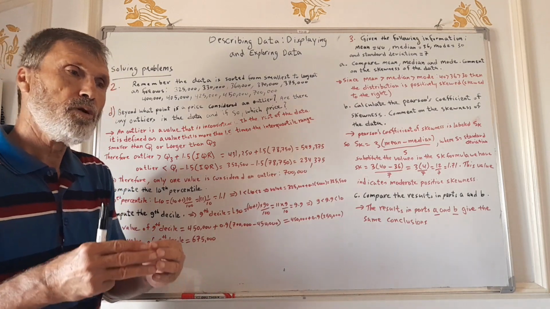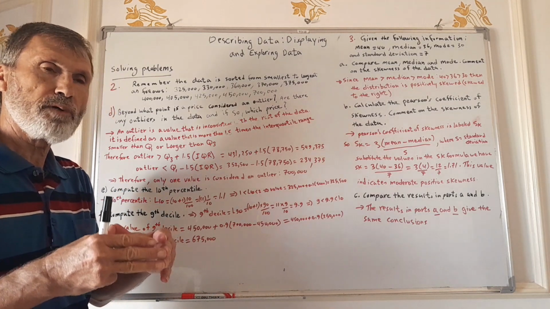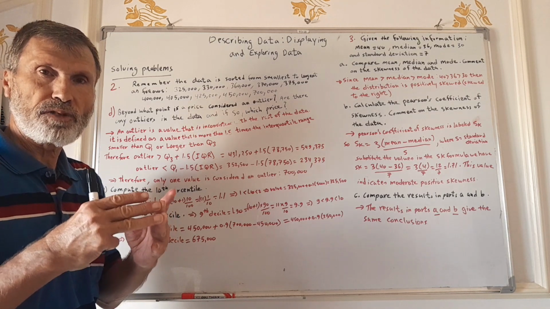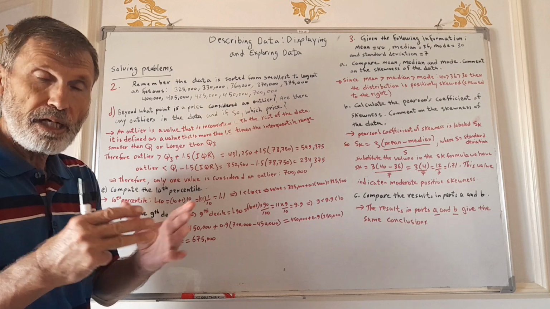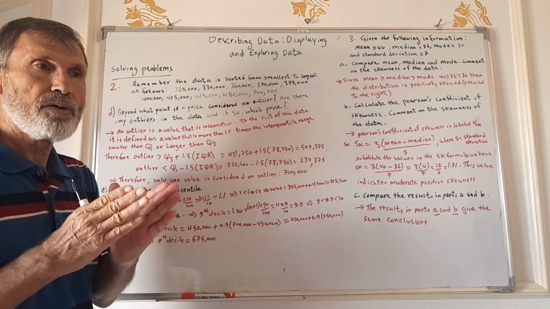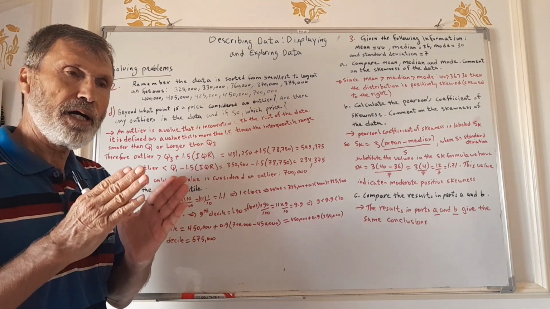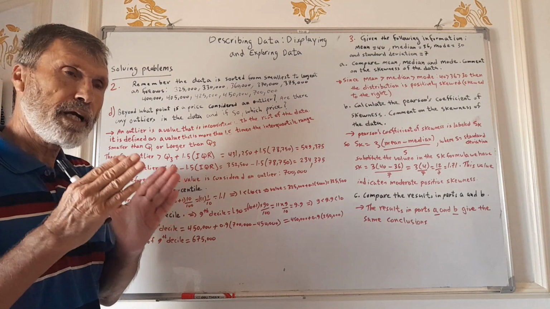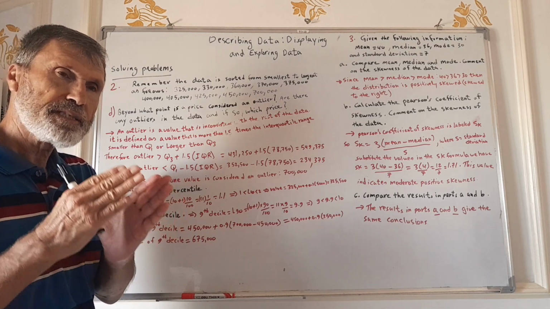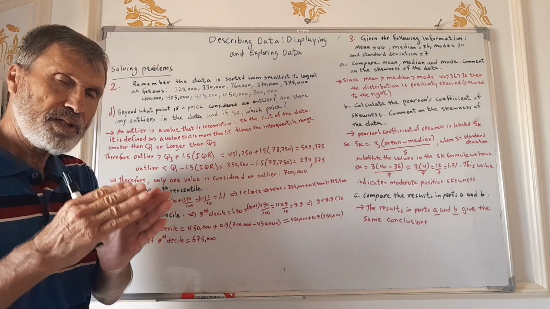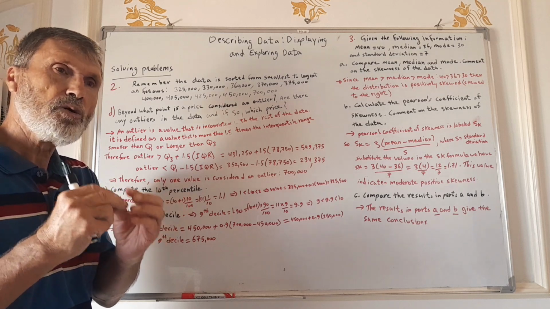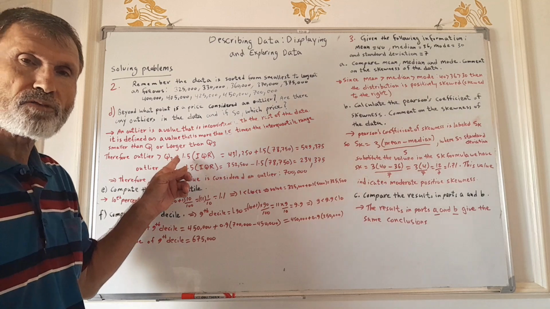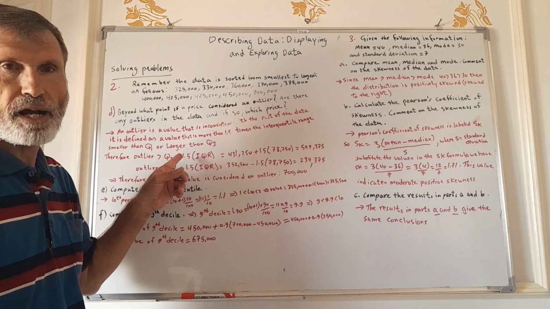In order to find whether we have a value that is inconsistent with the rest of the data, we have to calculate the maximum cutoff. We're going to have an outlier if the value is greater than Q3 plus 1.5 times the interquartile range.